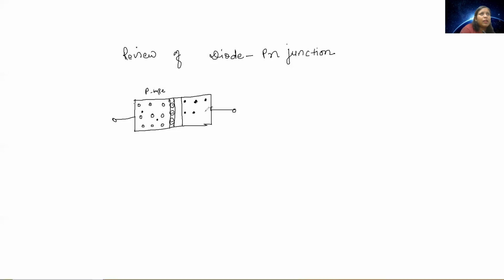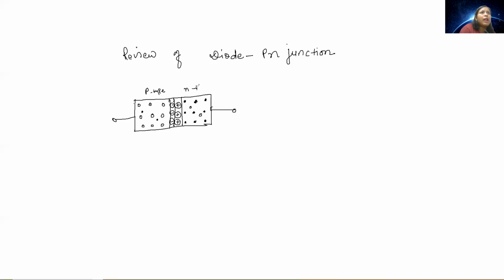These are free electrons, and for each free electron there is a positive ion. This I'm showing you here. I'll tell you why I'm drawing these ions in this region only, and a few, very few number of minority charges as well.